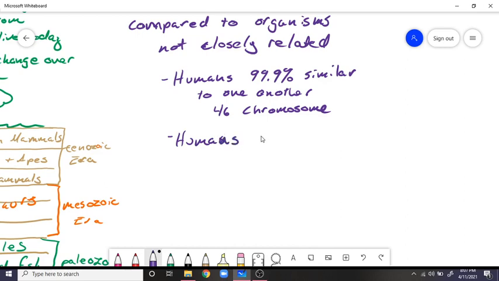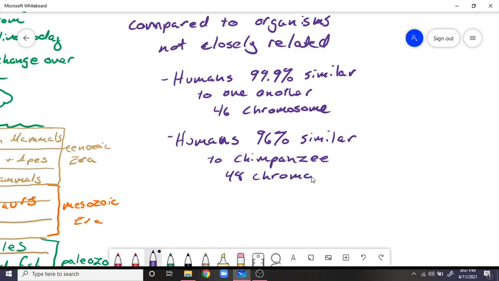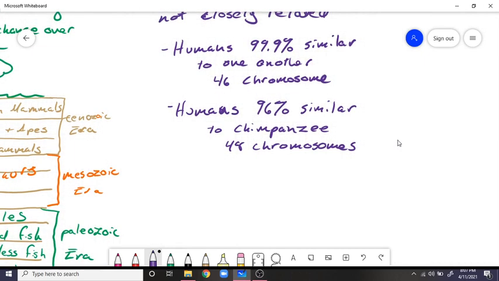If I was to compare a human to a chimpanzee, we are 96% similar. Now, when we are talking about comparing to another species, chimps have 48 chromosomes. Their genome is just a little bit bigger than ours, so that's one way that they are different.